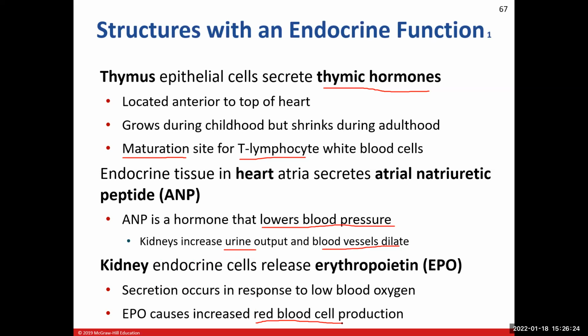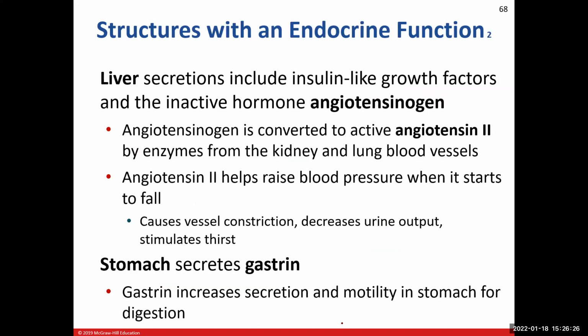Liver we talked about before with the insulin-like growth factors 1 and 2, but also it's going to make angiotensinogen. Now, angiotensinogen plays an important role, because it's an inactive hormone when it's made by the liver. And so it goes into general circulation and it's going to travel to a couple places.